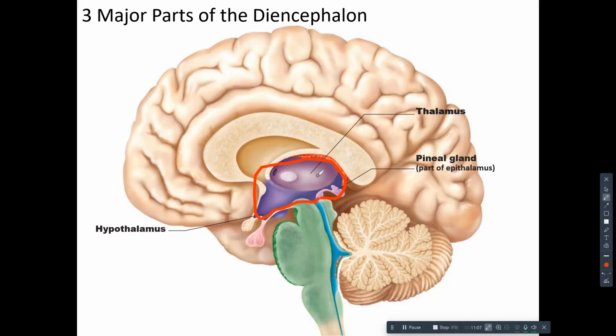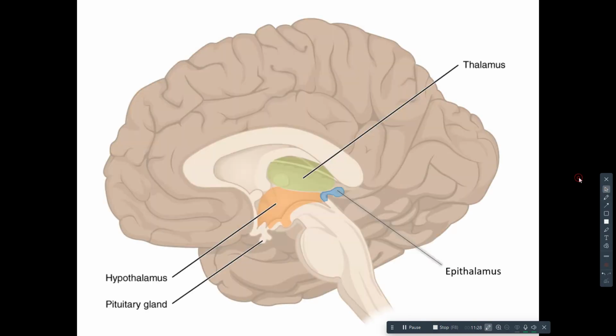Then there is our thalamus, our hypothalamus, and the epithalamus, which is a couple of different structures, including the pineal gland, which we did meet. So the pineal gland, which we met in lab, we now know is part of something larger called the epithalamus.